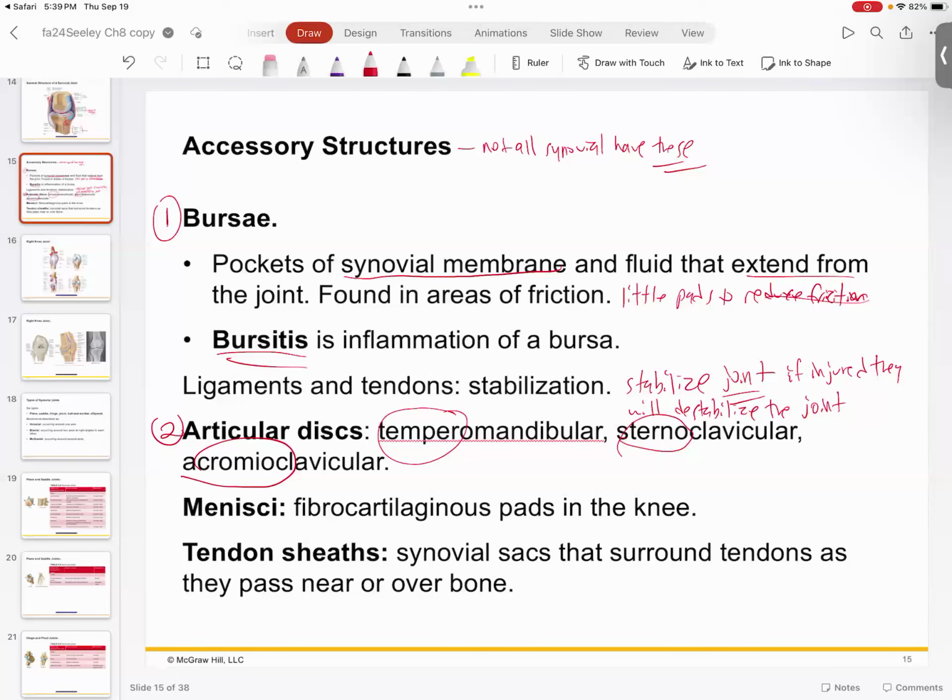And then, of course, you have a meniscus, which is a piece of fiber cartilage. It's a fiber cartilage pad, often in the knee. And this basically is purely a shock absorber.